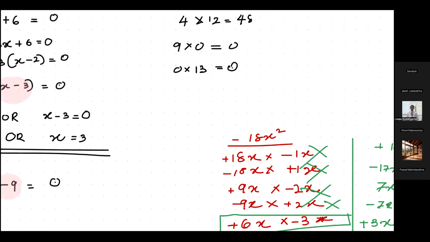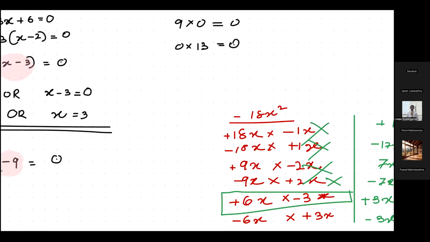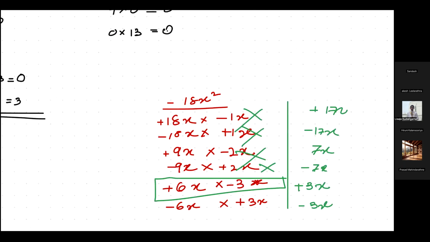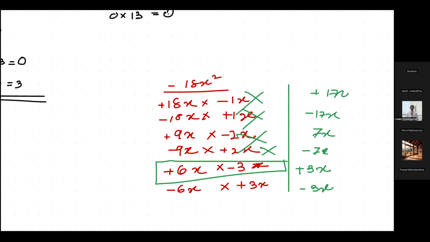Right, we get minus 18x squared. ඊළඟට අපි බලනවා මොන මොන කට්ටිය multiply වුණාම අපිට minus 18x squared හැදෙනවා. So we know plus 18x multiplied by minus 1x we get minus 18x squared. Minus 18x multiplied by plus 1x also we get minus 18x squared. ඒ වගේ අපි එක එක කට්ටිය බලනවා multiply කර කර.